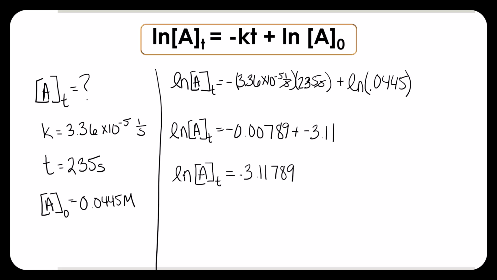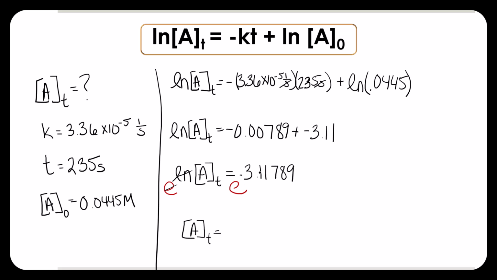All right, now we need to solve for concentration of A at time t. And what we're going to use is that Euler's log. So Euler to the, this becomes an exponent. Whatever I do to the left side, I also have to do to the right side. So Euler to the negative 3.11789. So Euler and natural log are inverses of one another. So that leaves me with just concentration of A at time t.